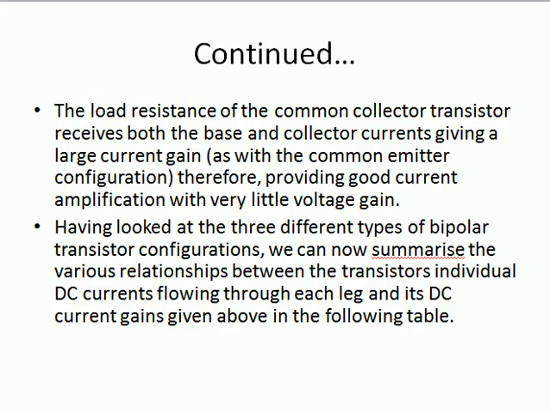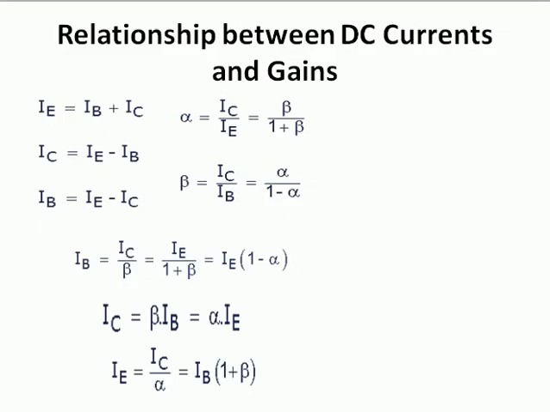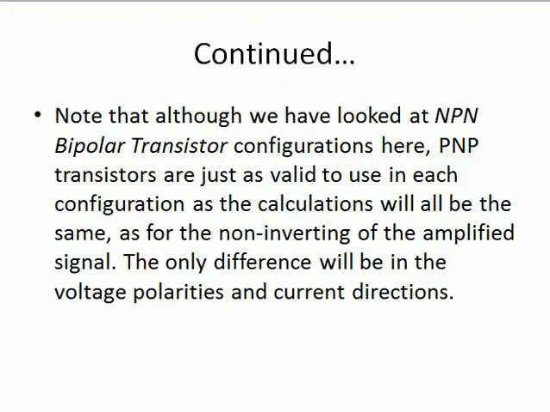So we have discussed the three different types of bipolar transistor configuration. We can summarize it by having the relationship here, and in all these last slides, these are the relationships between the currents and the voltage and all about its gain. All these are about the current gains.